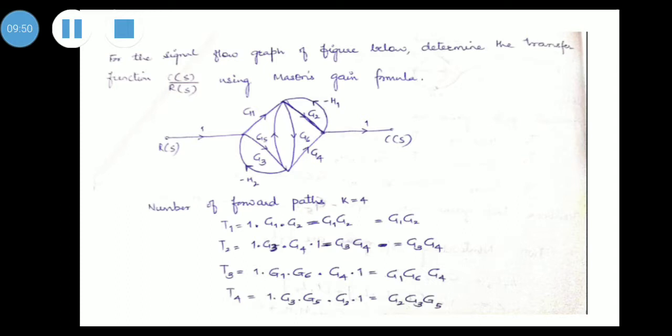T1 is equal to 1 into G1 G2. You can see 1 into G1, G2 is a forward path.